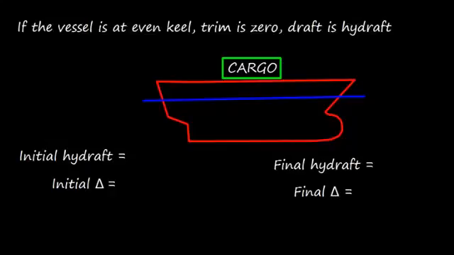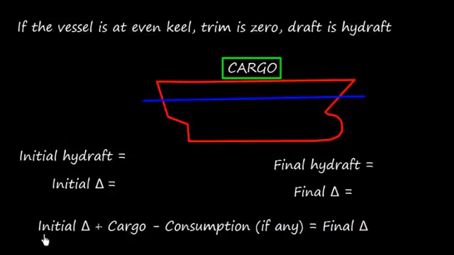All I know now is that if I have the initial displacement and I add something, which is the cargo I have loaded, or subtract if I have consumption, or add something like ballast or bunkers, I have the final displacement. And this equation is very useful. I can easily find the quantity of cargo loaded with this equation, and that is the basic principle of draft survey.